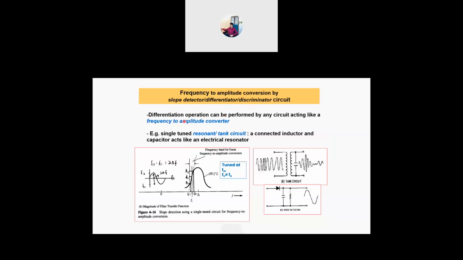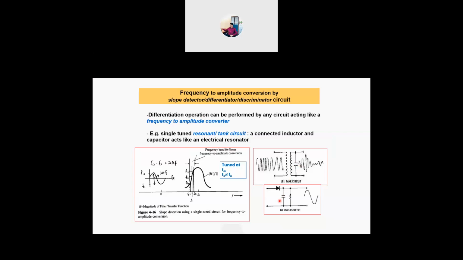Any circuit acting like a frequency to amplitude converter. Example, a single tune resonator tank circuit, which is a connected inductor and capacitor acting like an electrical resonator. So this is one of your single tune resonant tank circuits.